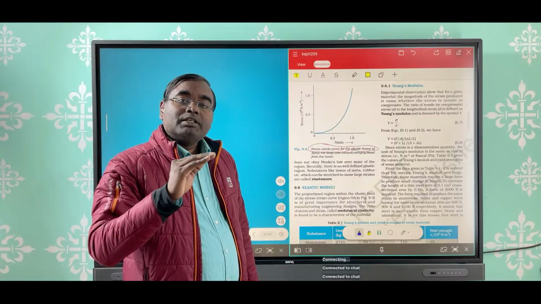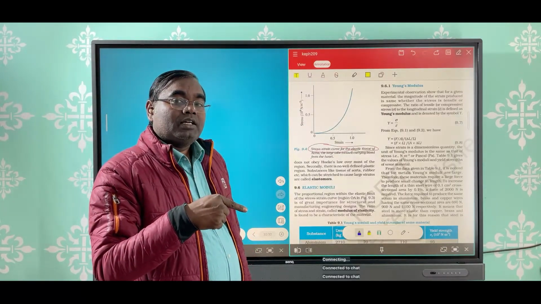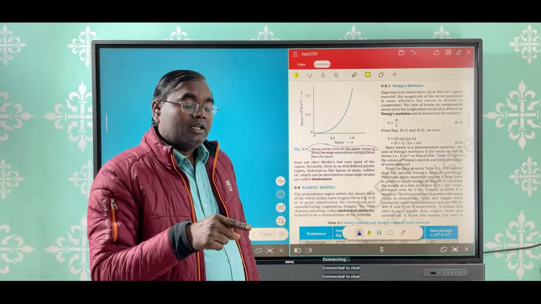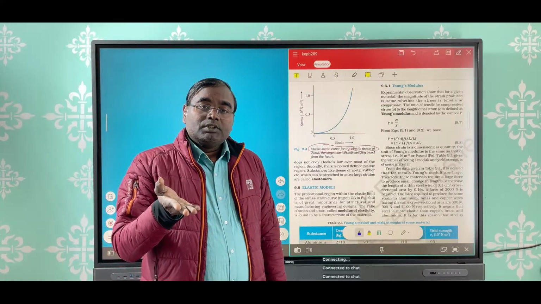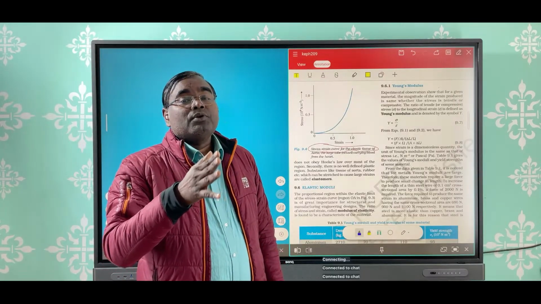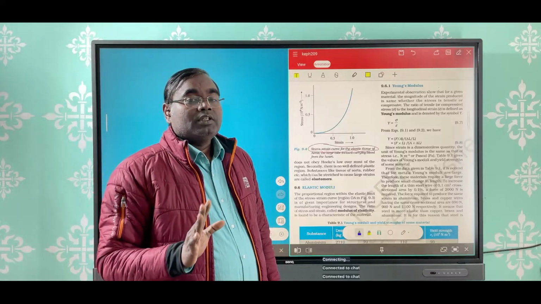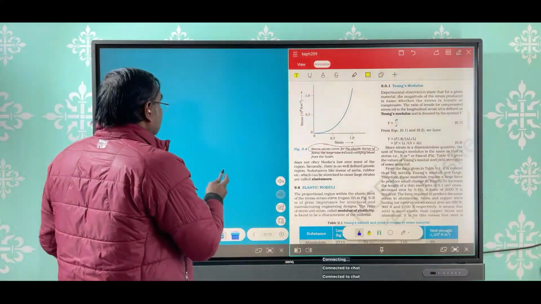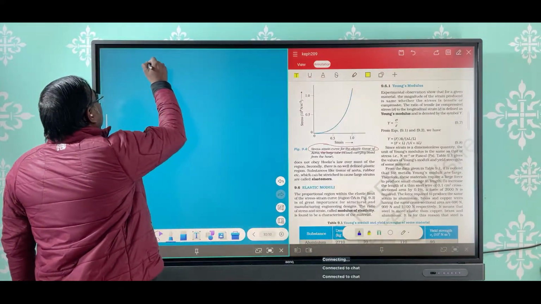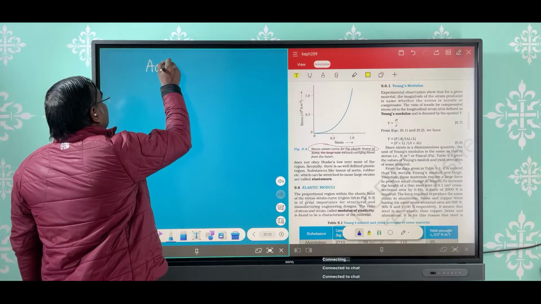That means this property of aorta that doesn't follow Hooke's law makes the blood flow smooth. I will discuss this further.